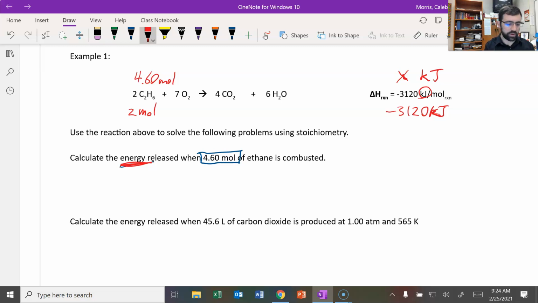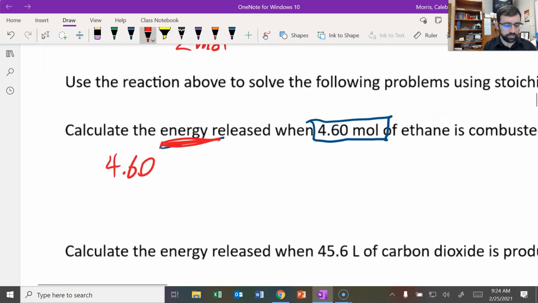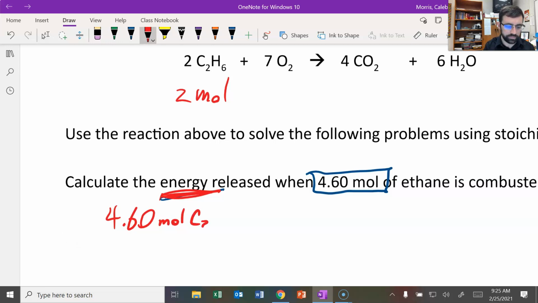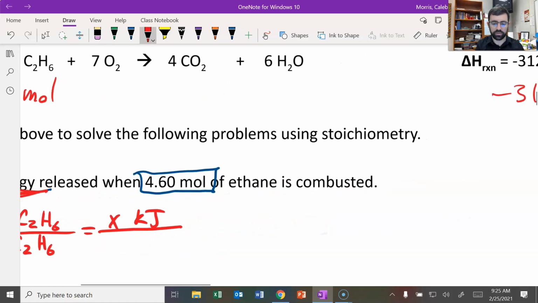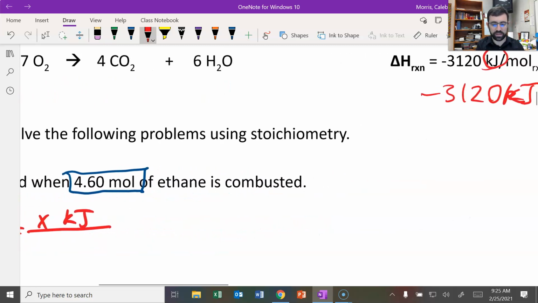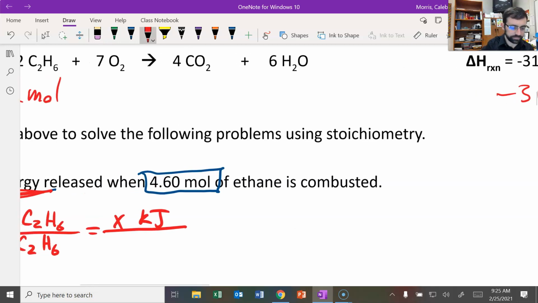All right, so we're going to set up our equation. I have 4.60 moles of ethane, which is C2H6, over 2 moles, C2H6, equals X kilojoules over, and the number of kilojoules is negative 3,120 kilojoules.